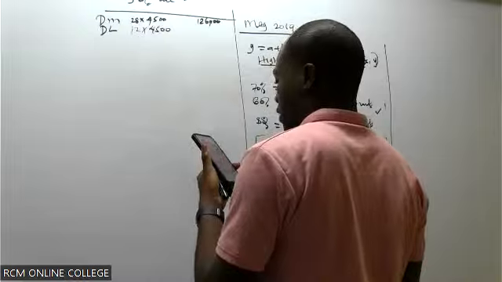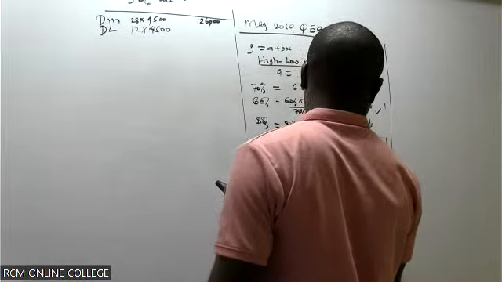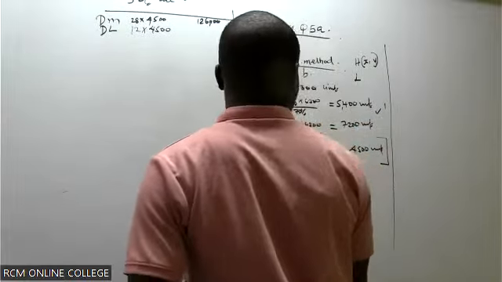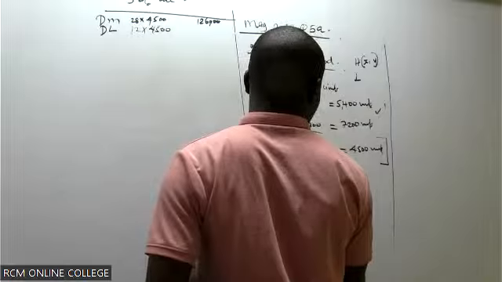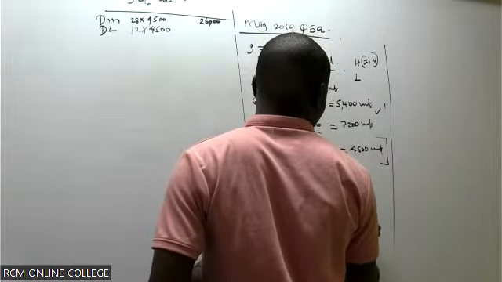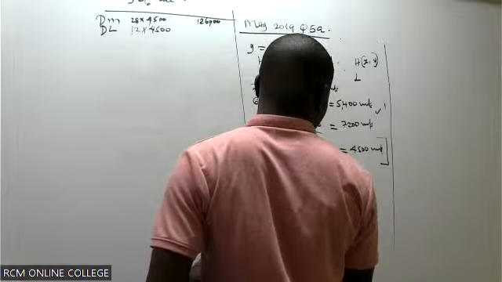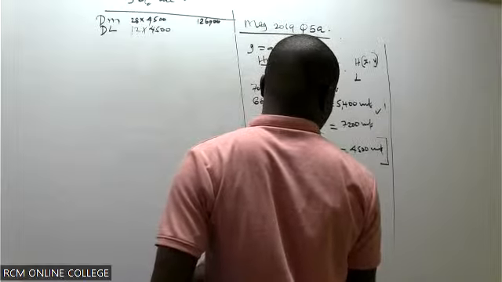Now the value of B is change in Y over change in X: 179,200 minus 151,200 over 7,200 minus 5,400.